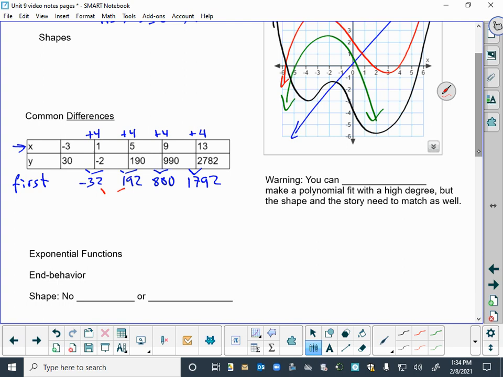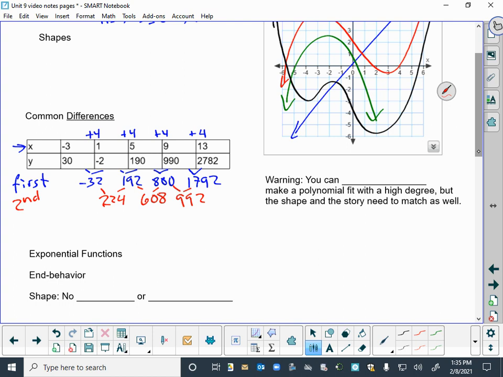I'm going to do 192 minus negative 32, so plus 32, gives me 224. 800 minus 192 is 608. And 1792 minus 800 is 992. These are my second differences.